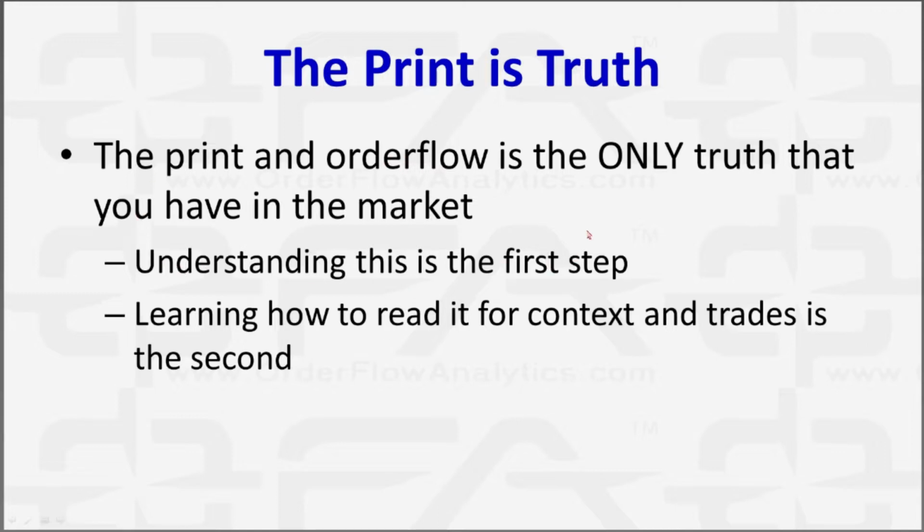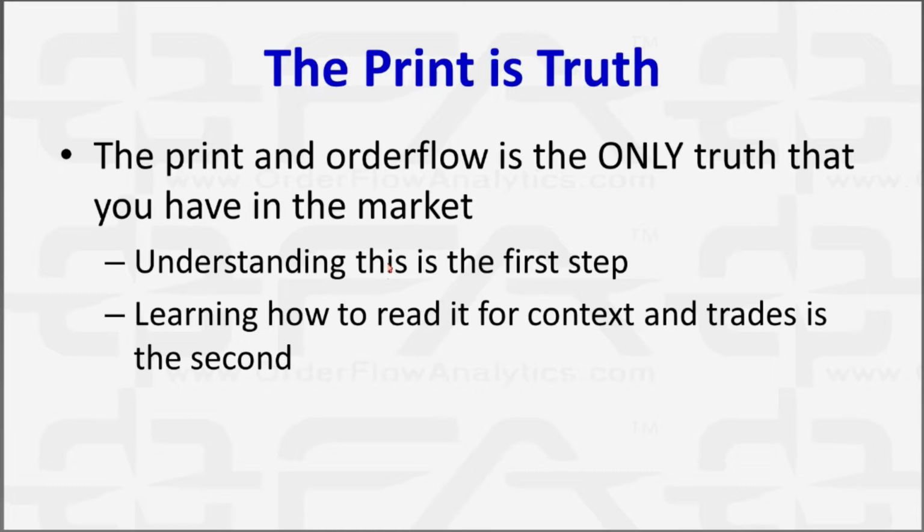So doing this is the first step in reading order flow, and then spending time with it and learning how to read it, reading the order flow for context and trades, that's a second step. Because once you can do the first and you start to understand what the probability is that price will move higher when the print starts looking like this, and what the probability is that price will go lower once the print starts looking like this, then you can start to put those things together to build context over time.